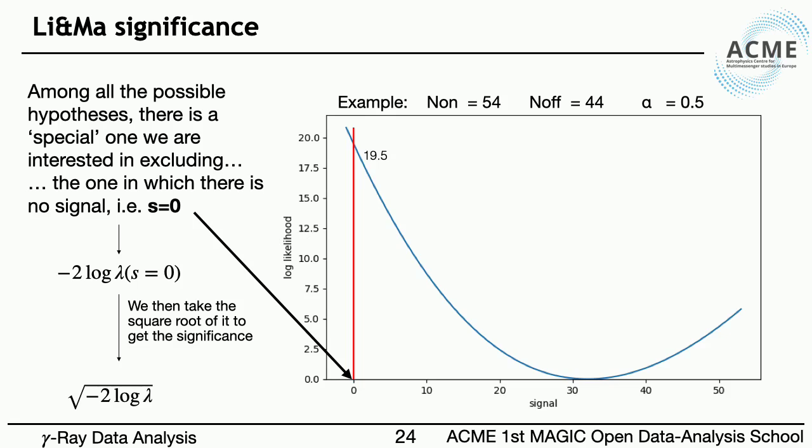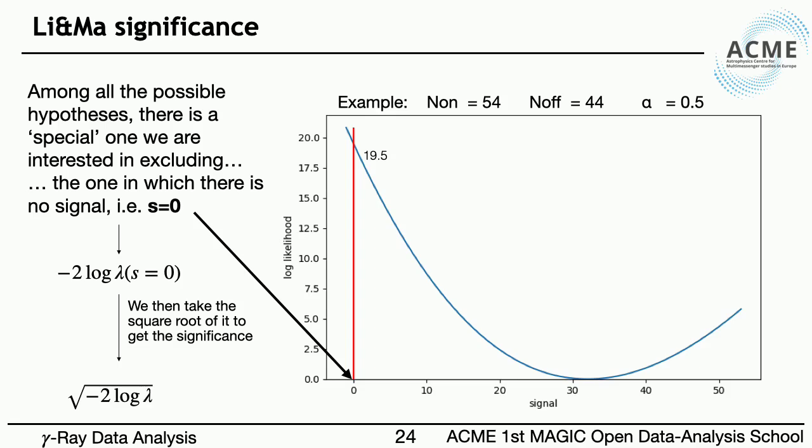Now, among all the possible hypotheses, there is one we are especially interested in testing. And this is the hypothesis of no signal, which is by definition S equals 0, which is shown here with a vertical line. So what we need to do is to take the expression for the log likelihood that I showed you before and put S equal to 0.